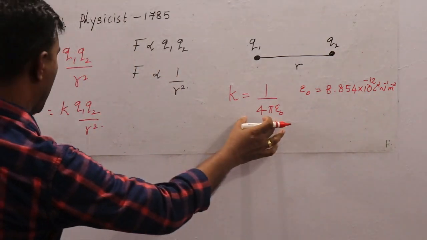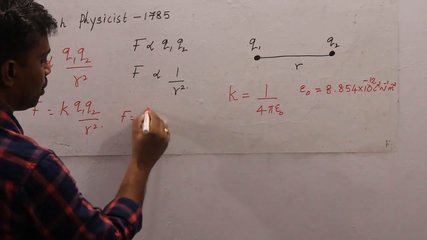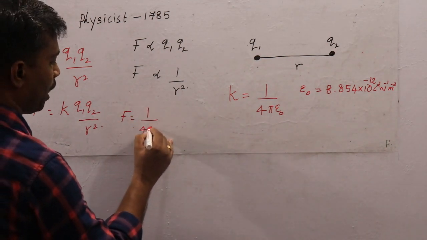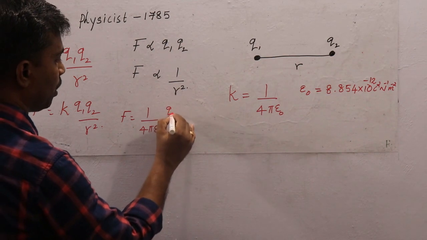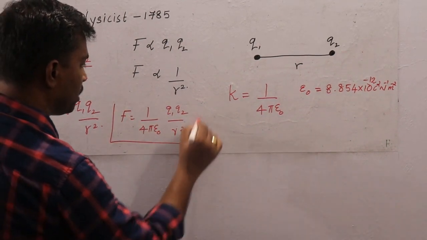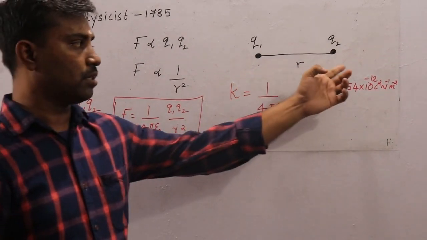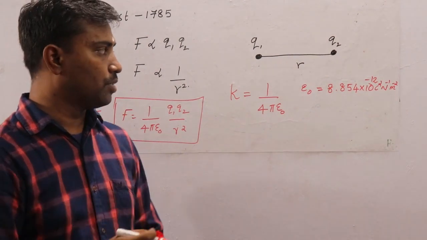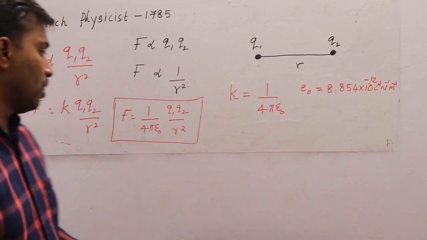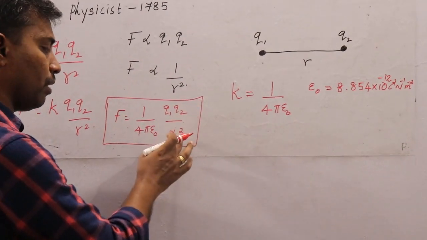So we substitute this value instead of k, and we get F equals 1 by 4 pi epsilon 0 Q1 Q2 divided by r square. This is the equation for finding the force between two charges kept at a particular distance in free space. That is F equals 1 by 4 pi epsilon 0 Q1 Q2 divided by r square.